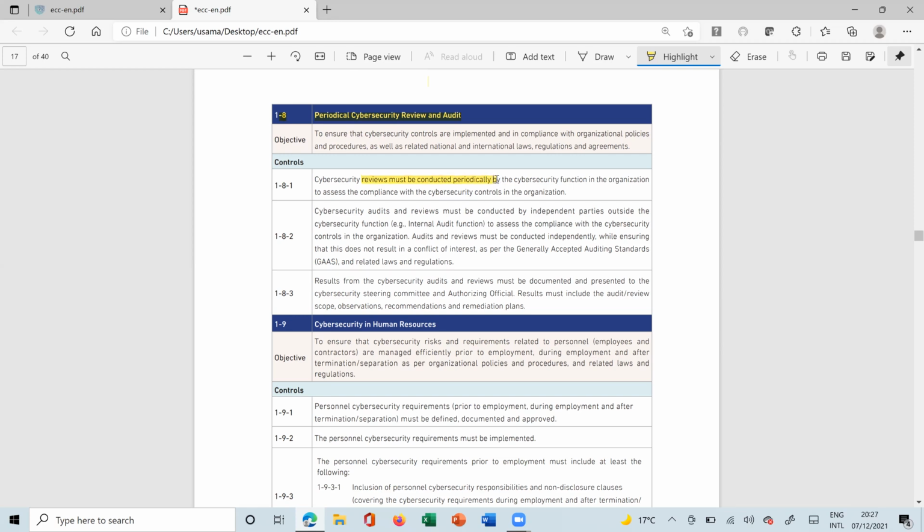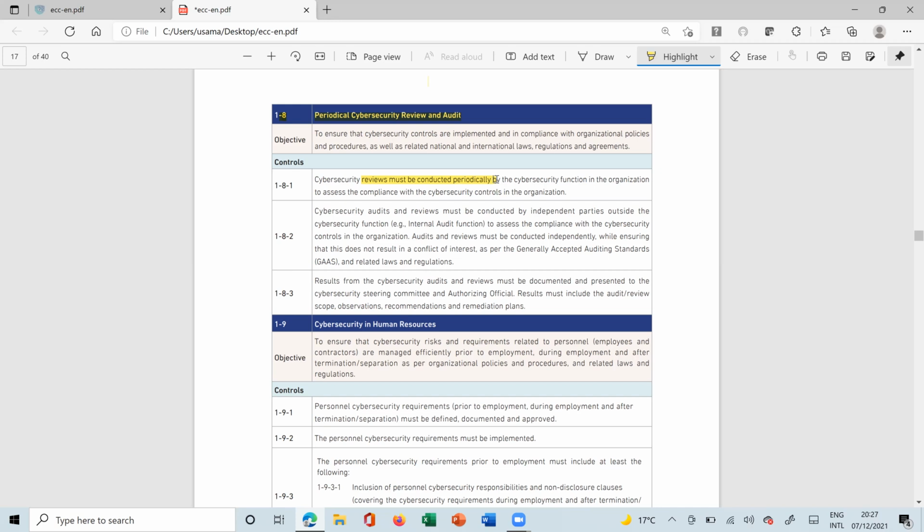In ISO 27001, for example, we did not define the period, and even here we did not define the period. We are saying periodically. It may be once per year, and it will be reviewed by the management. The management will review the internal audits and the internal audit report and make sure of the continual improvement of the policies and procedures.